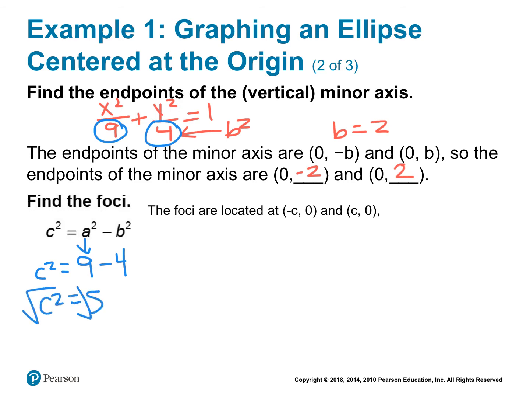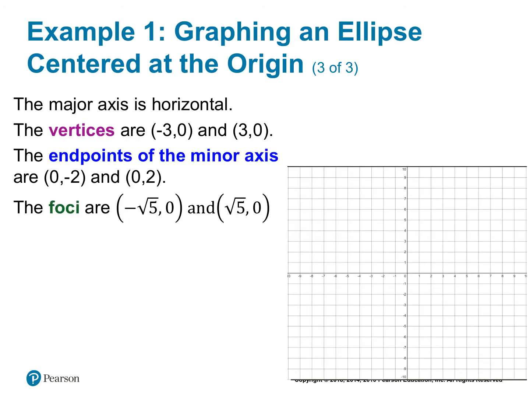So you take the square root, which gives you c is positive or negative square root of 5. So the coordinates are negative square root of 5, 0, and positive square root of 5, 0. And then we'll graph those on the next slide. Okay, so our vertices were negative 3, 0, and 3, 0.